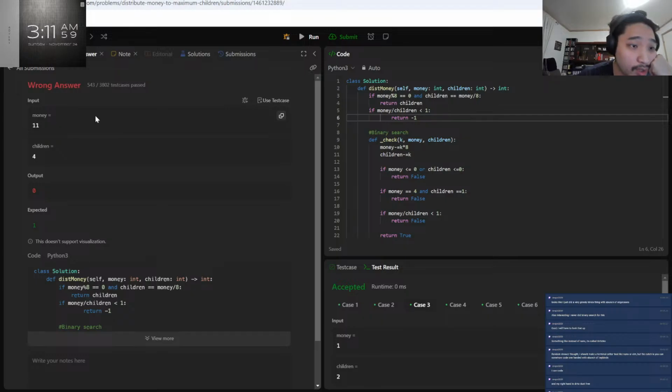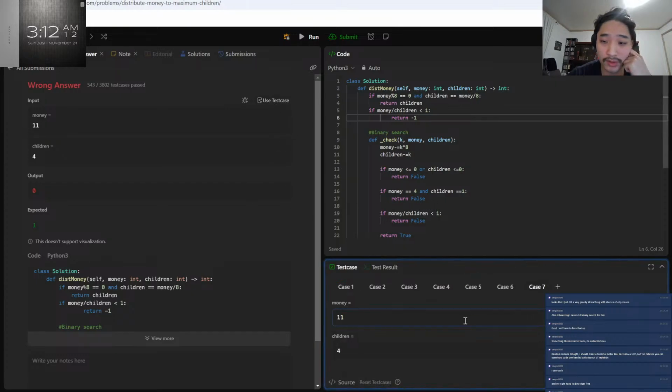It should be 1, so it would be 3 left and 3 children. Money should be... Okay, which one is the one that throws? I agree it should be 1. It's not less.